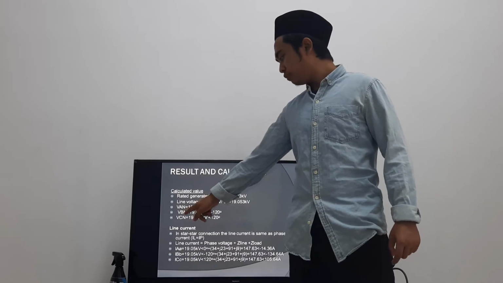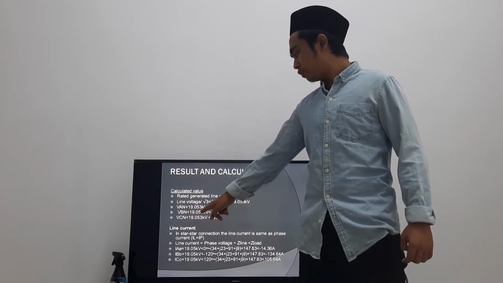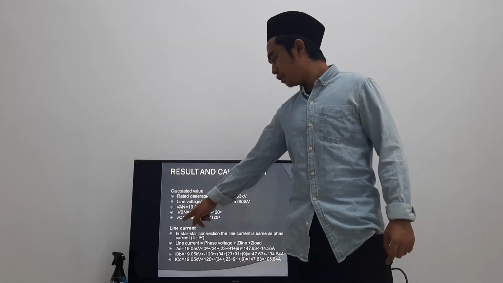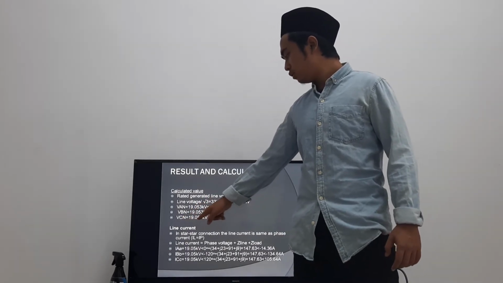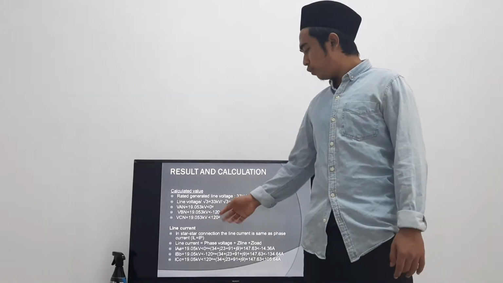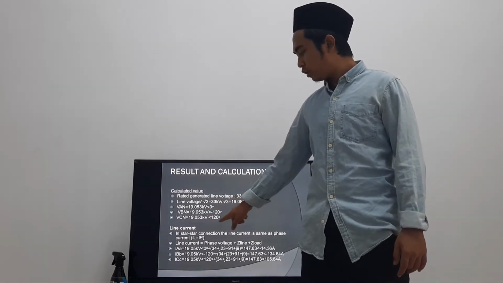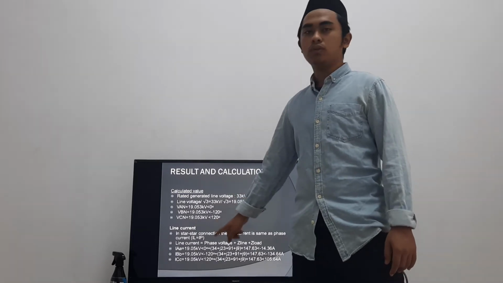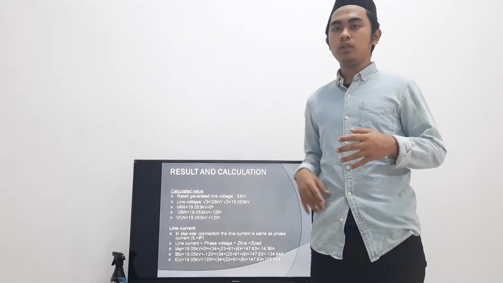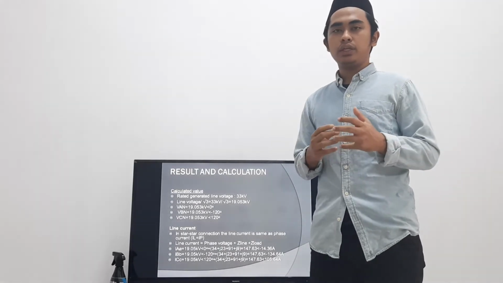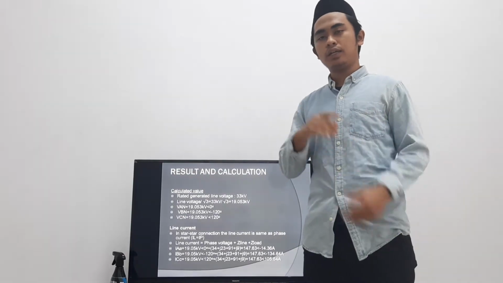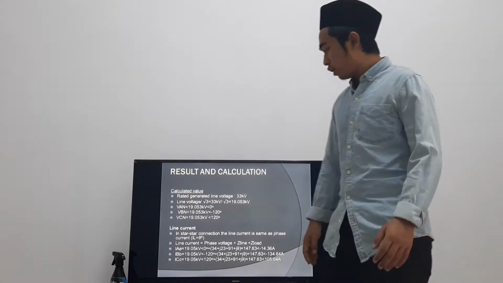For B phase, VBN, 19.053 kilovolt, angle -120. For C phase, VCN, 19.053 kilovolt, angle 120. So the angles are 0, negative 120, 120, because this is in a positive cycle. In the positive cycle, the degree will start with 0, after that negative, and then 120 positive.